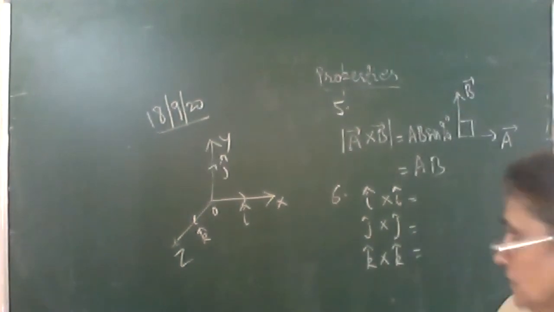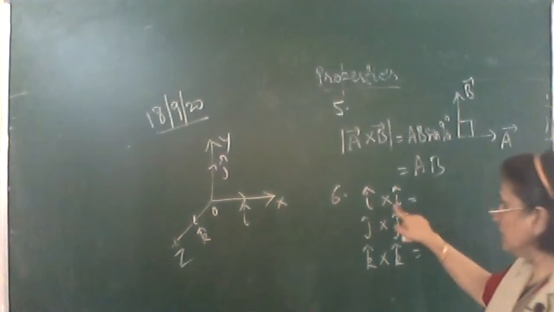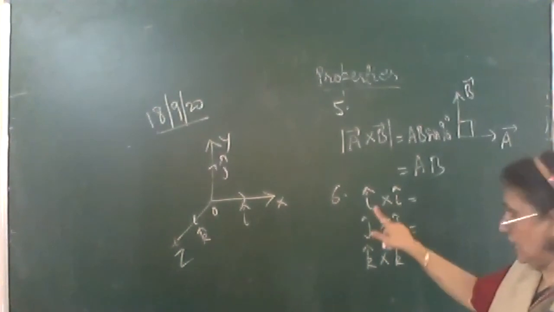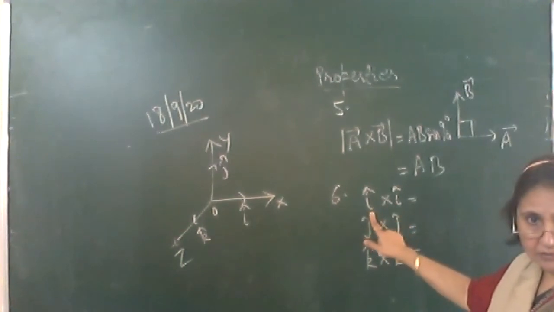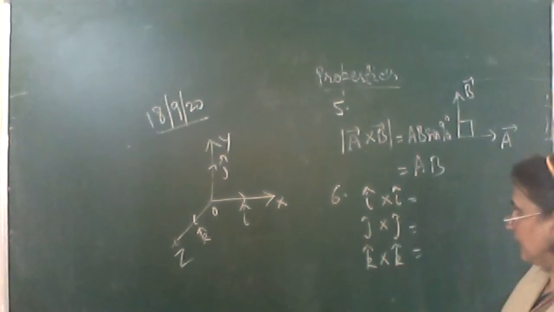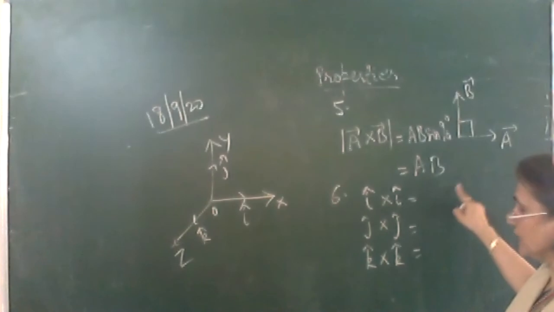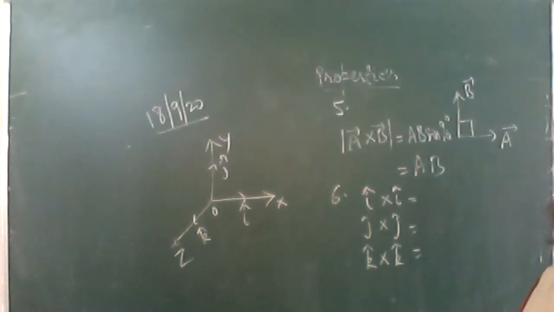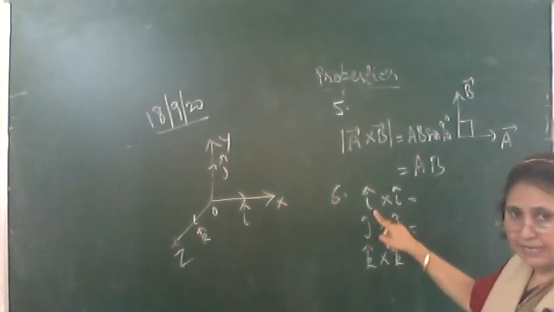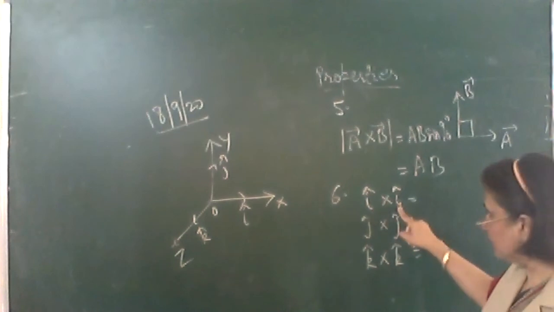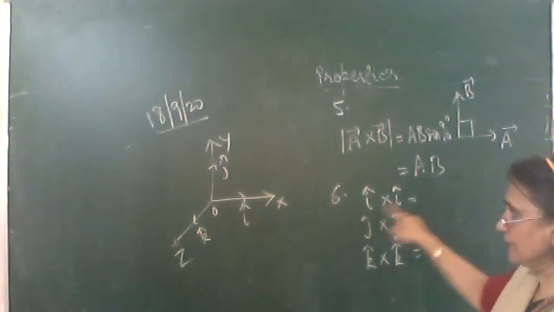Like we write A cross B vector is magnitude of A into magnitude of B into sine of angle between them. i cap has a magnitude 1, 1 into sine of angle between them.